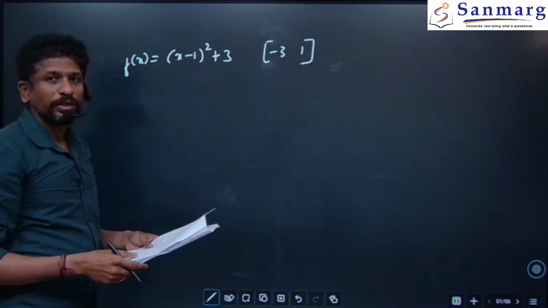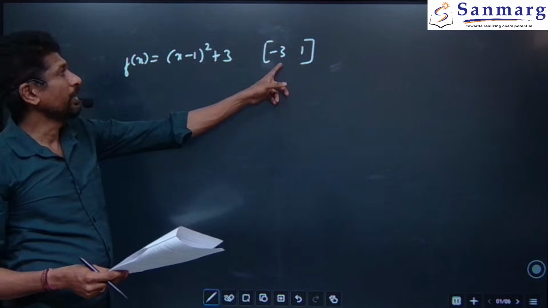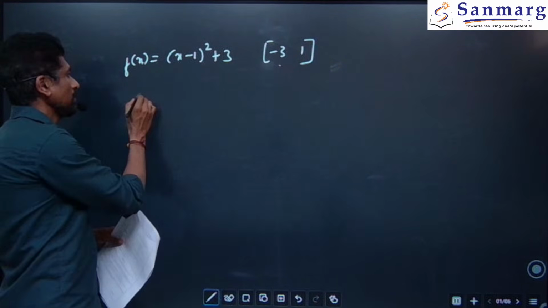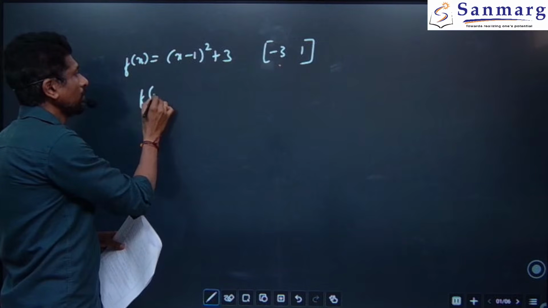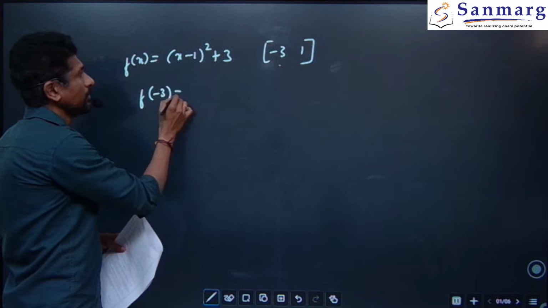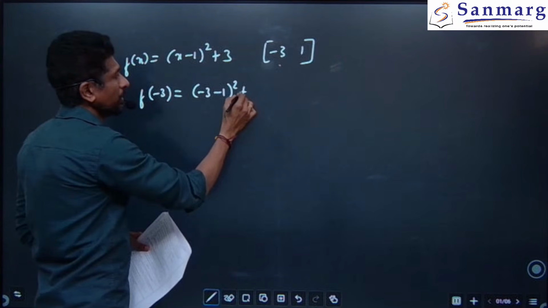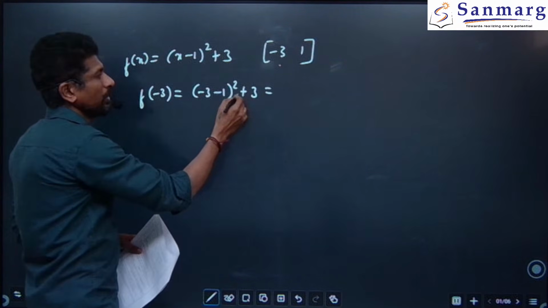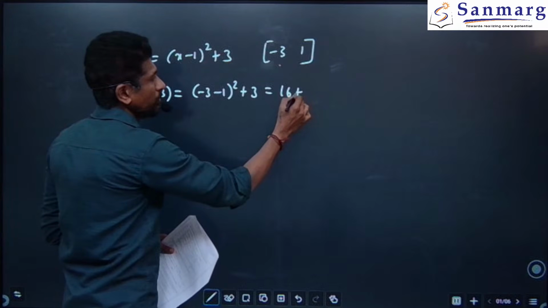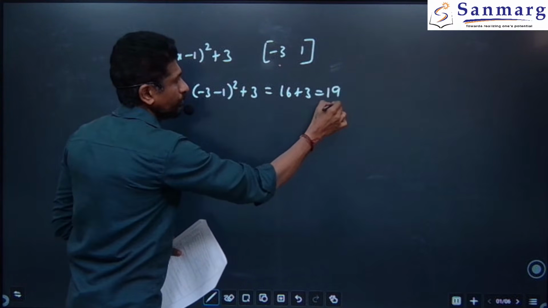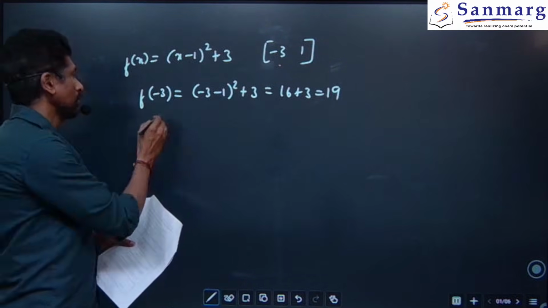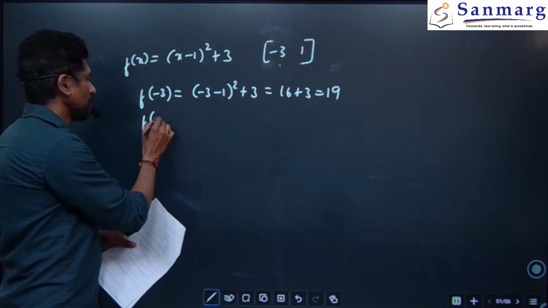A square function is there. If you substitute any of the values here, just put the value f of minus 3: minus 3 minus 1 whole square plus 3, automatically 4 square 16 plus 3 becomes 19. One value, and another value is the last one, 1.